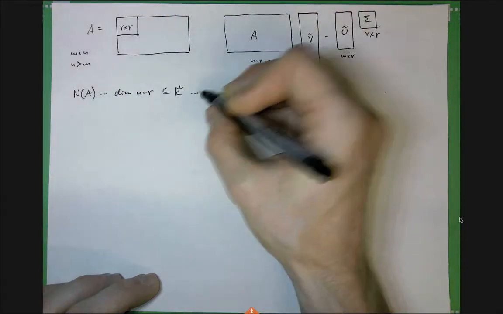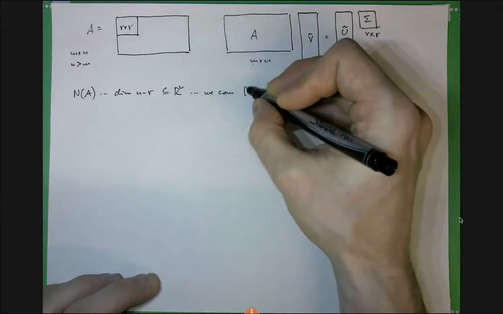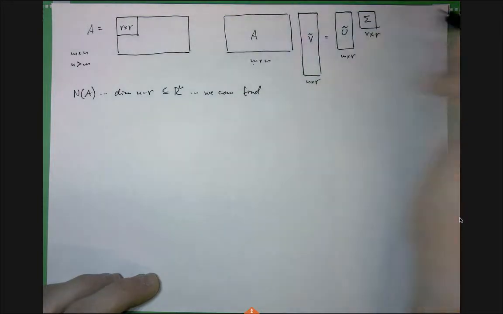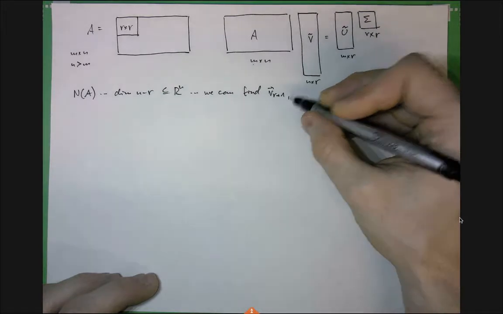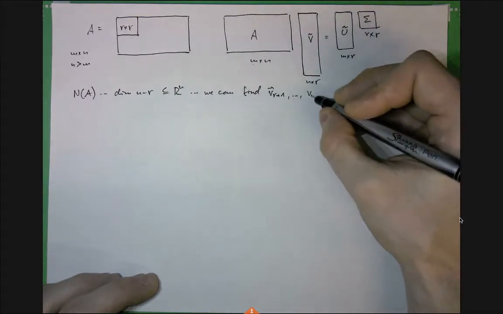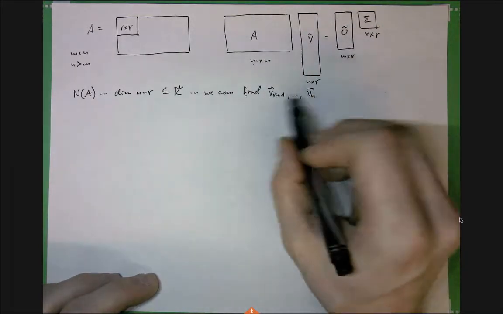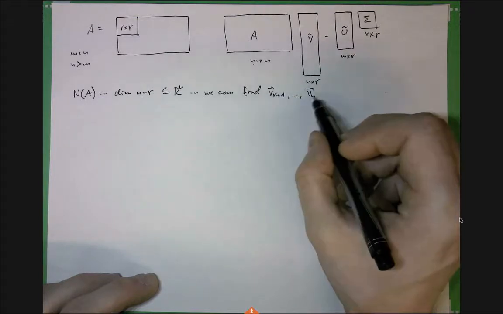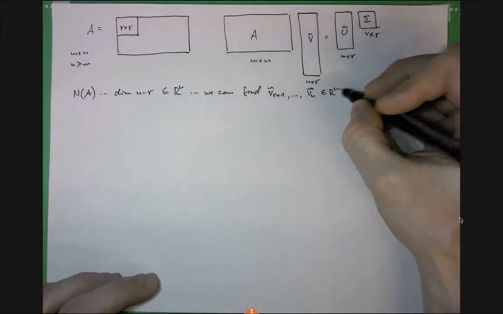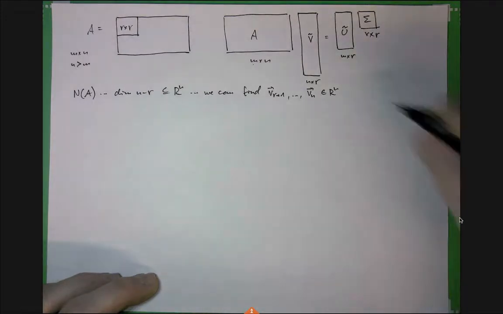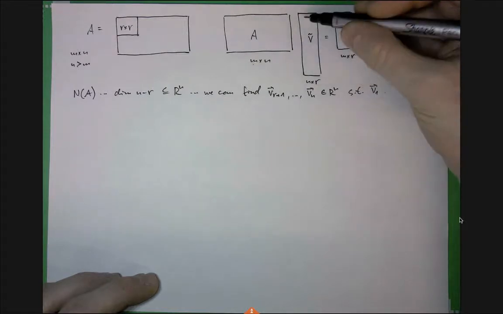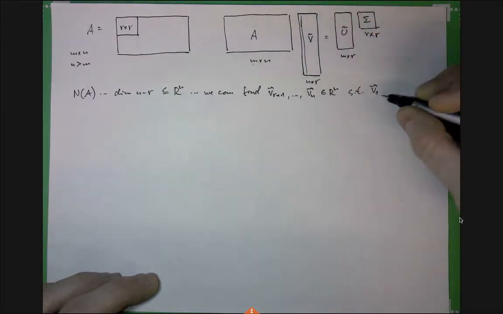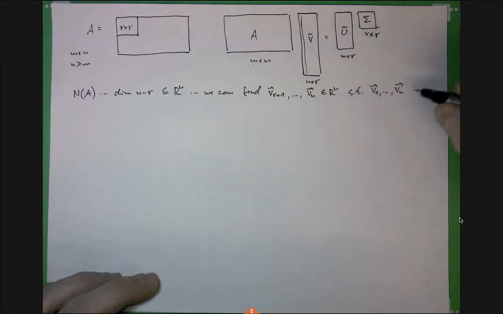It turns out that we can find, and I will explain how, but later. First I'm explaining how it works, then I will explain why it works. So those will be vectors V r plus 1 to V n. Of course they are from R to the n, such that if I add them to the first V's, so the columns of my V tilde, then the complete sequence V1 to Vn will be orthonormal.